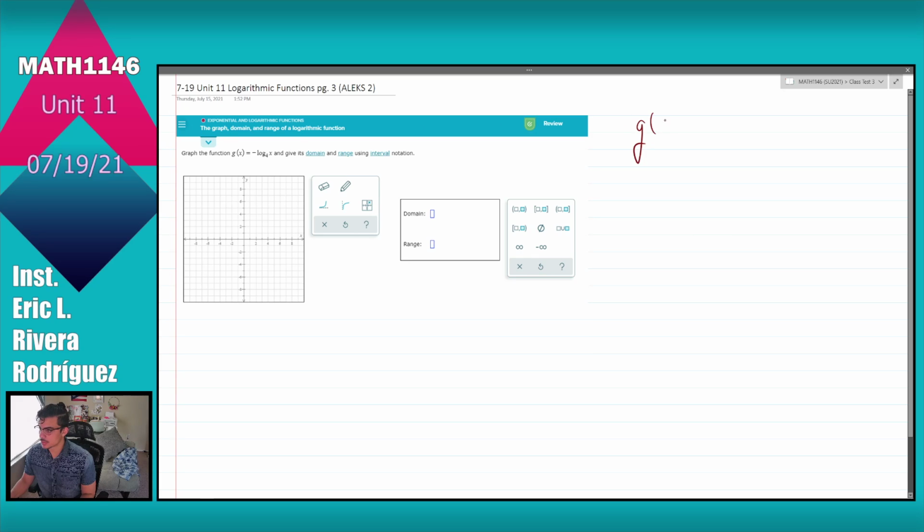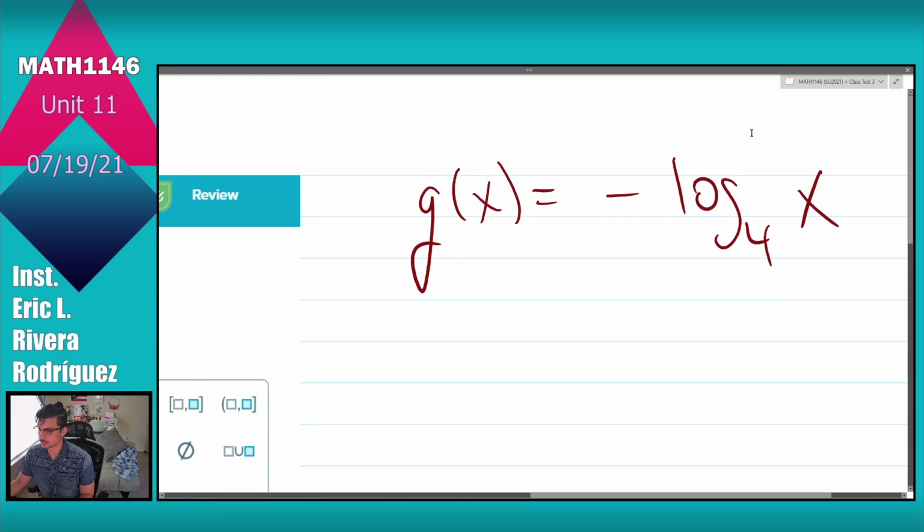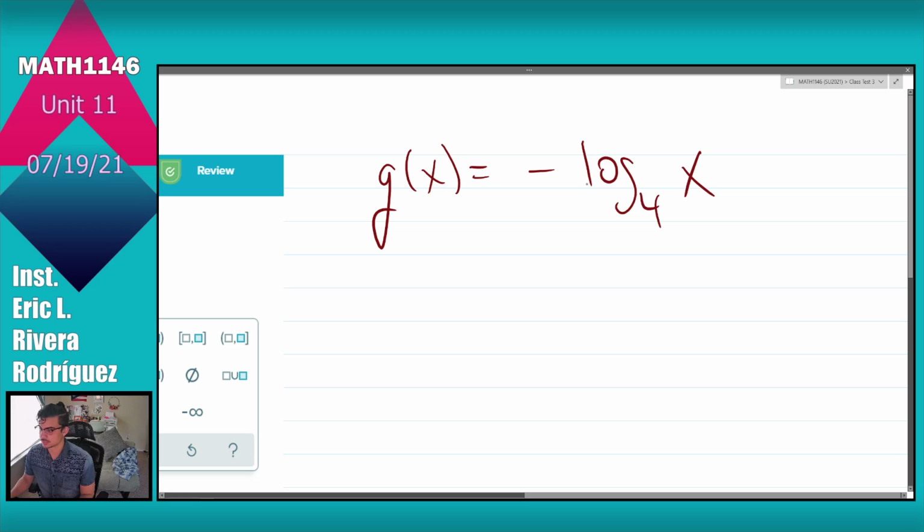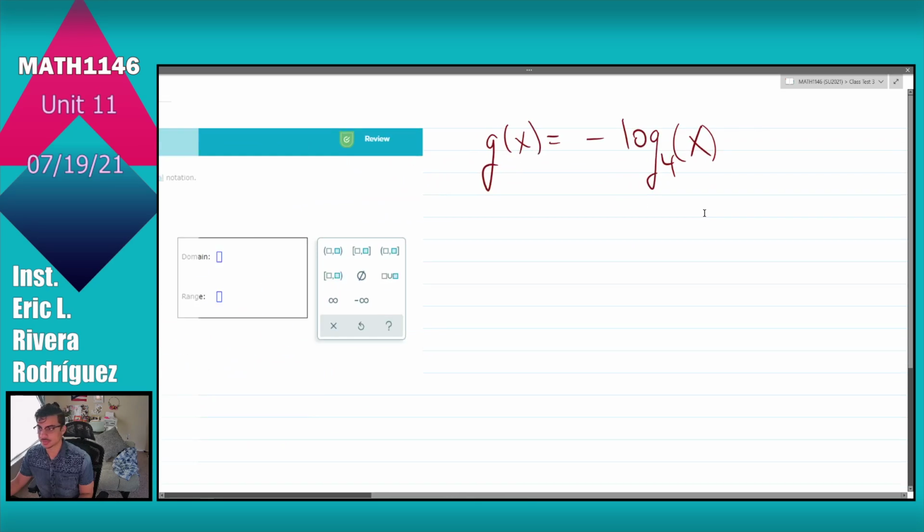So this one, we need to draw the graph of log base 4 of x. Four is the base, x is the argument.